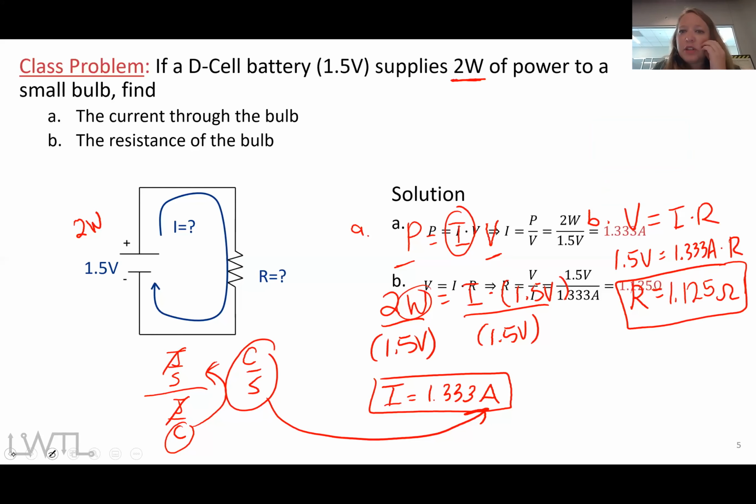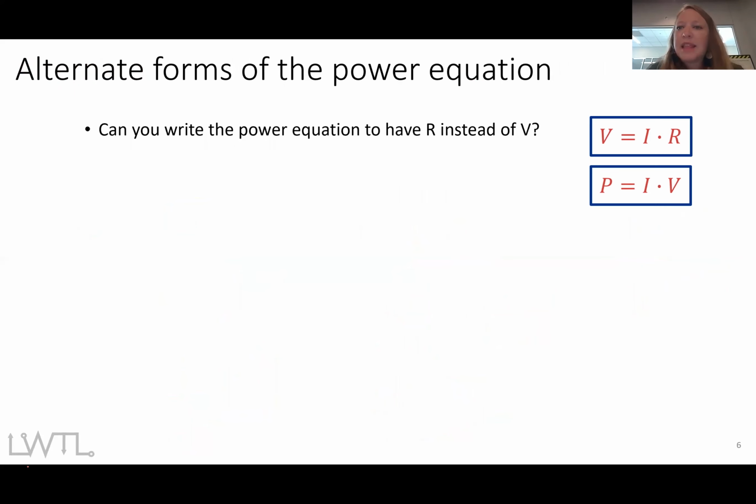I alluded to this a second ago, that maybe there's a way that we can represent the power equation, which is P equals I times V, in terms of R instead of having another term in there.